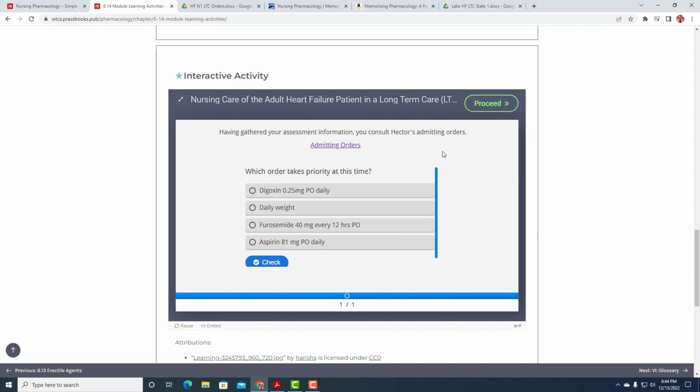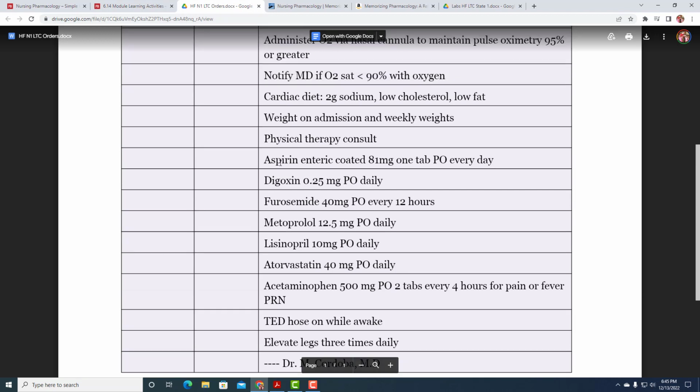Having gathered your assessment information, you consult Hector's admitting orders. What order takes priority at this time? Is it the digoxin 0.25 milligrams PO daily, the daily weight, the furosemide 40 milligrams every 12 hours by mouth, or aspirin 81 milligrams by mouth daily? What we want to do is look at the orders here.